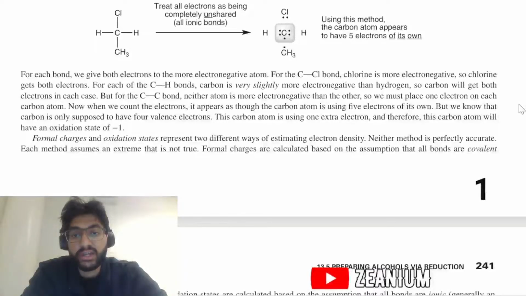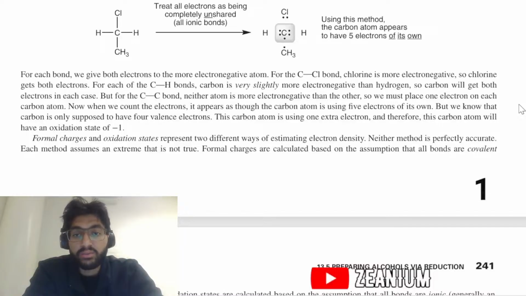For each of the C-H bonds, carbon is very slightly more electronegative than hydrogen, so carbon will get both electrons in each case. But for the C-C bond, neither atom is more electronegative than the other, so we must place 1 electron on each carbon atom.